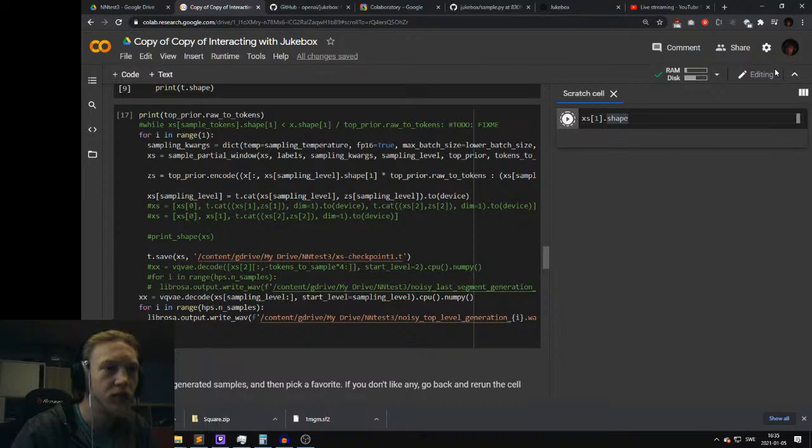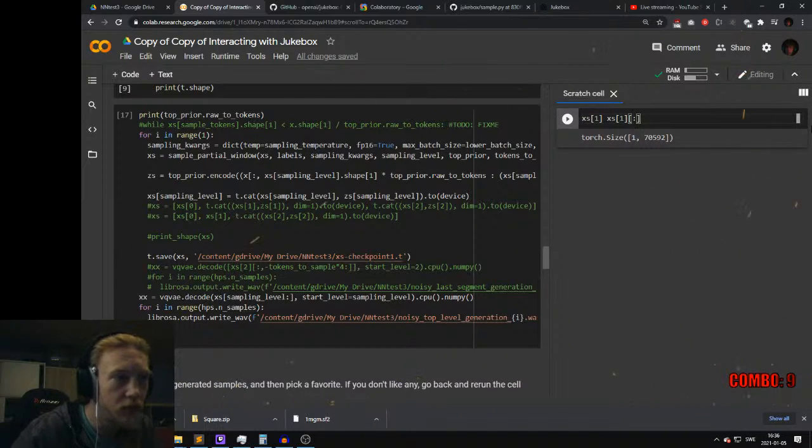Some amount. That big amount. And this should be bigger-ish. Anyway, axis 1 is the one we want to cut back. Axis 1 equals axis 1, start at 0 and end at 960.